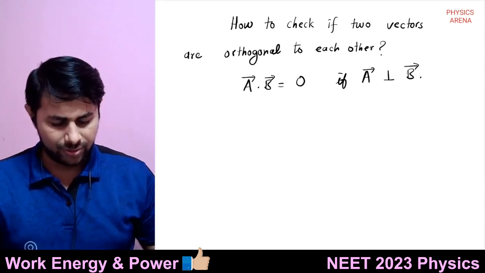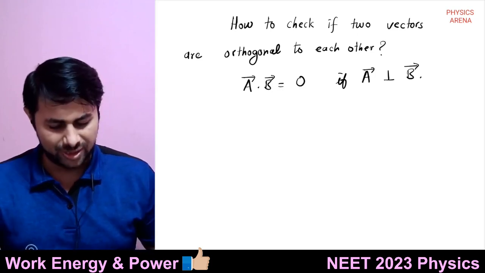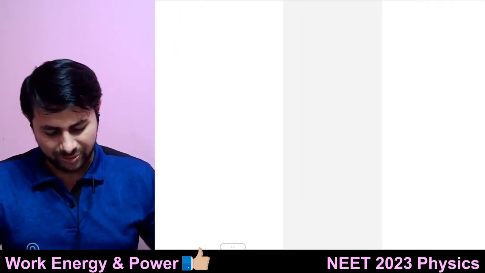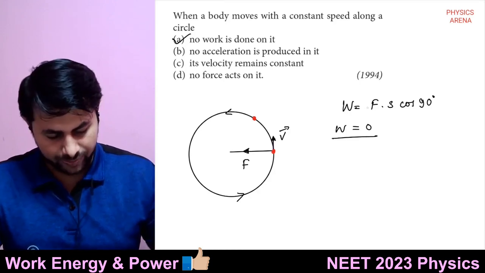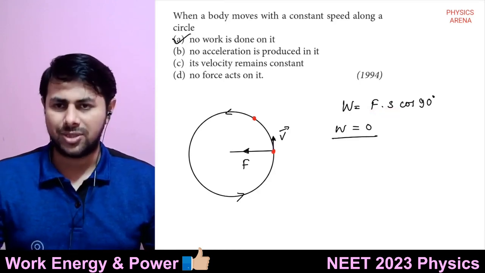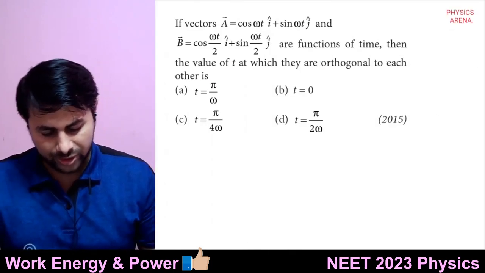Okay, so there have been lot of questions based upon this simple topic. So this one was one of them, right? Because force and displacement are perpendicular to each other, so work done is equal to 0, right? So let's see some more questions.